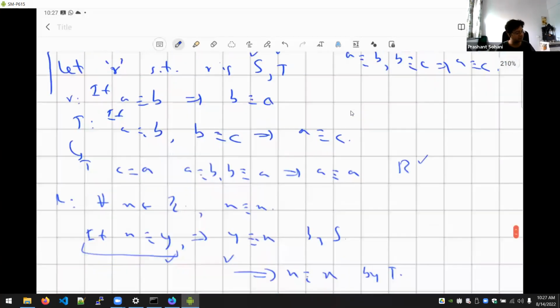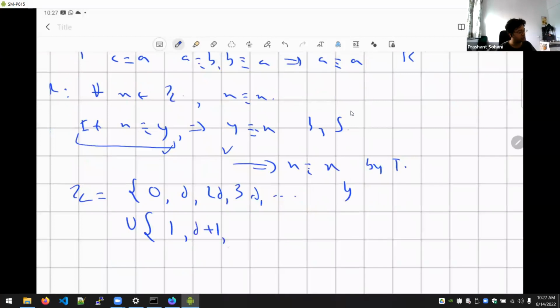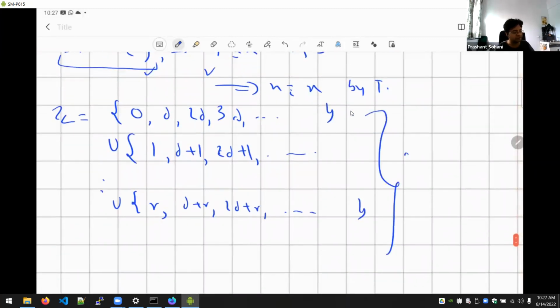Those equivalence classes are nothing but the set of all terms which have the same remainder modulo D. So your Z can be partitioned into all the multiples of D, that is 0, D, 2D, 3D, etc., union all the numbers which have a remainder of 1, etc. Every remainder will be represented here. So in all you will have D such classes, which the original integer set can be partitioned into.